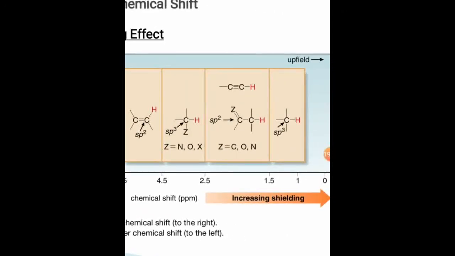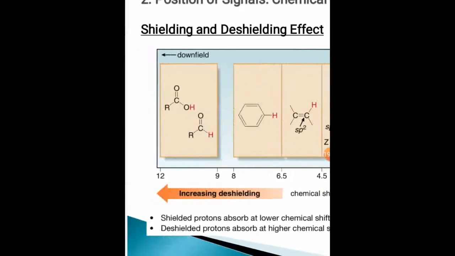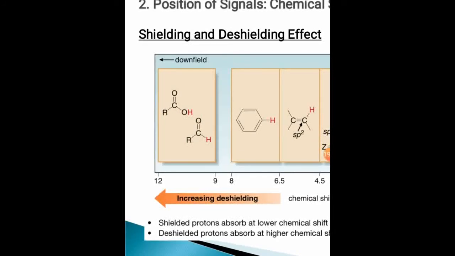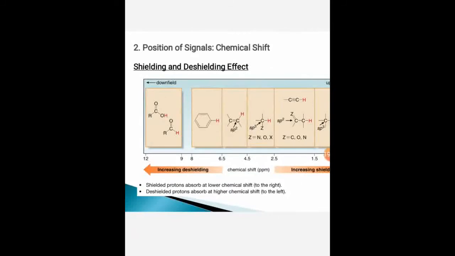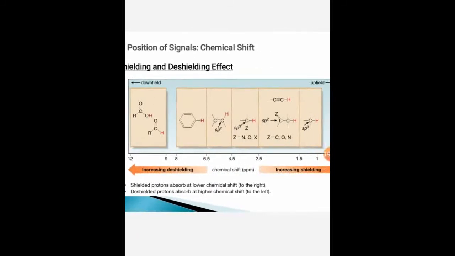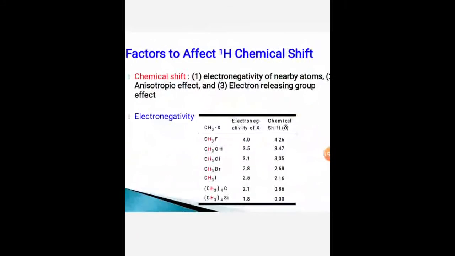This means the peak for the proton attached to the sp3 hybridized carbon atom is shielded, while the peak for the aldehydic proton or the carboxylic proton is more de-shielded. This is the chemical shift value of various types of protons.